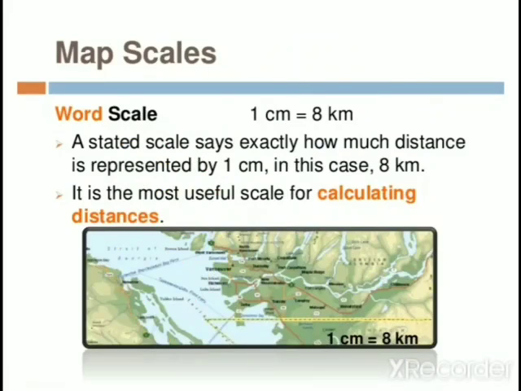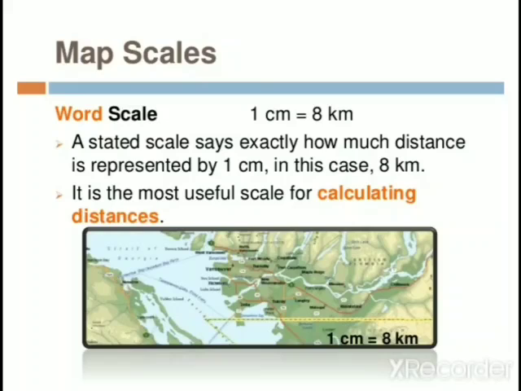Map scales, the first one is word scale or verbal or statement scale. Okay, so the scale is stated in words. The units are usually mentioned in this type of scale. For example, 1 centimeter is equal to 5 kilometer, or 1 centimeter to 5 kilometer.